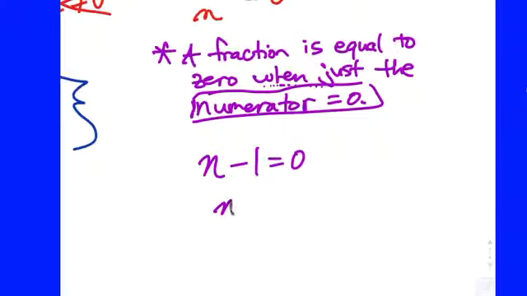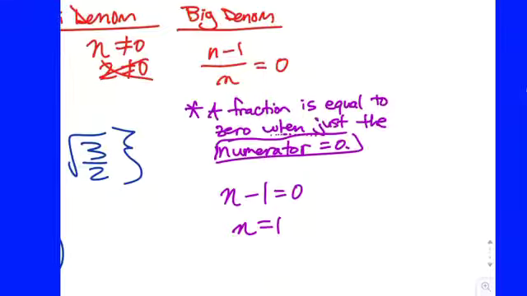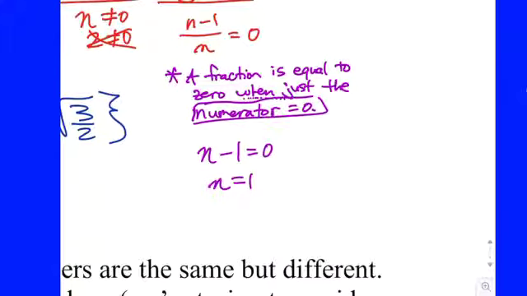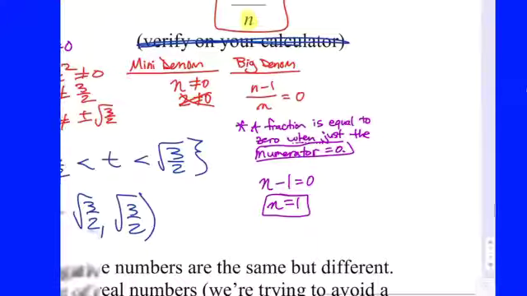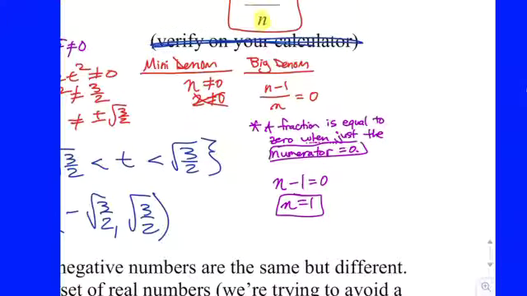All right, so now you solve for n, you get n equals 1. Now you might want to quickly check. When n is 1, does it make the denominator of this one 0? No, it makes it 1. So essentially when you plug in a 1, you get 0 over 1. And what's 0 divided by 1? 0, right? So a fraction is equal to 0 when the numerator is equal to 0. So there is your other taboo value. So how many values are off limits?